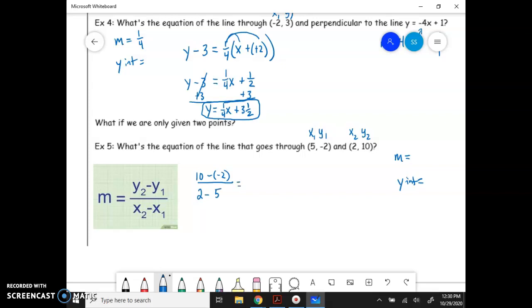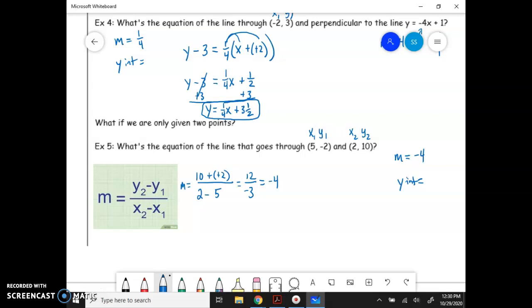And now we can simplify this out. 10 minus a negative, we change this, change that. We get 10 plus 2 is 12 over 2 minus 5, which is -3. And 12 divided by -3 is -4. So there we go. This is our m value, or our slope. We'll put that off to the side.